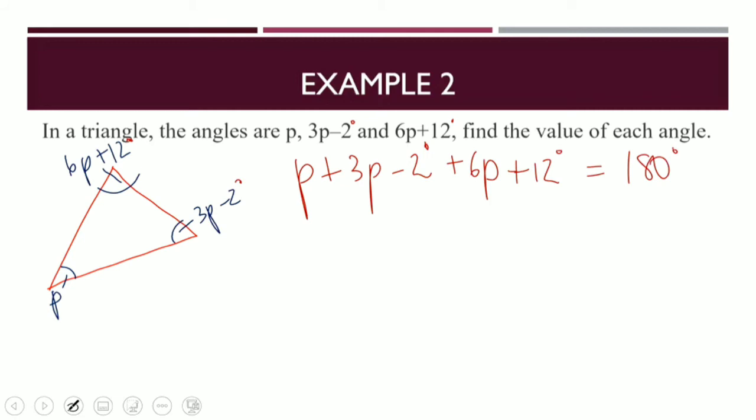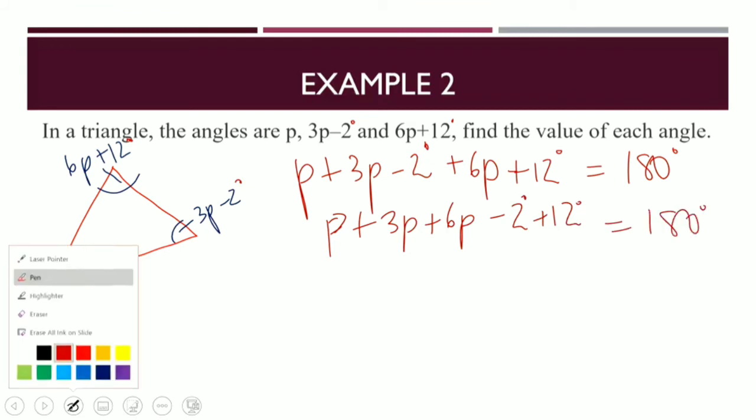To solve this equation, since not all the terms are alike, we're going to put our like terms together. That's P plus 3P plus 6P, and we keep our negative 2 plus 12 together because those are also like terms, equals 180 degrees.